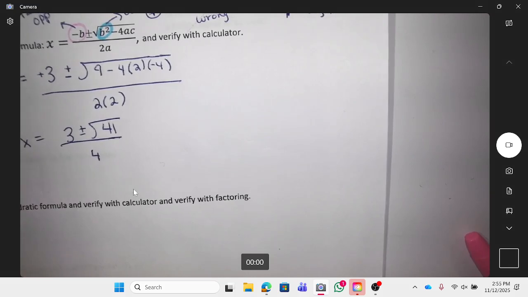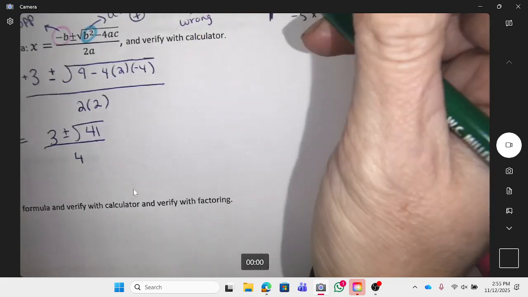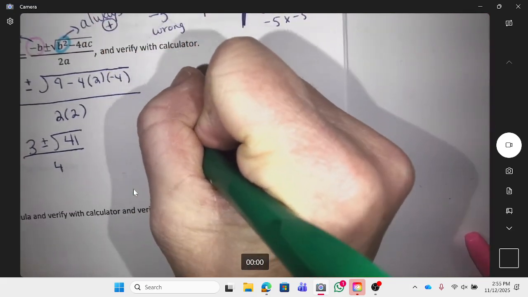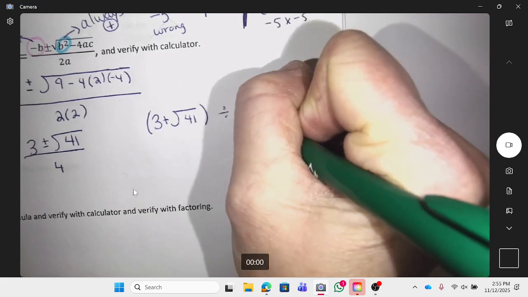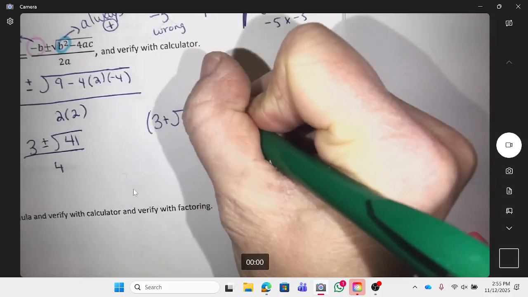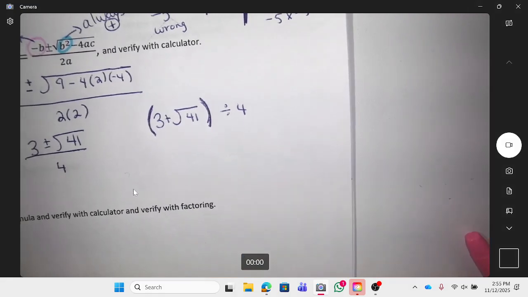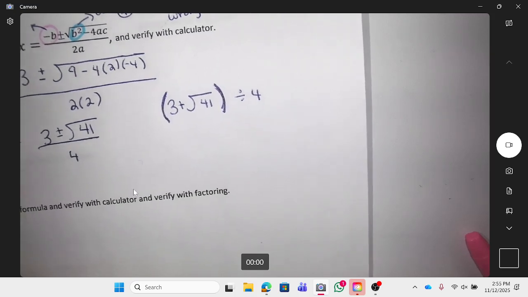Okay, so we're going to go to our calculator to get these numbers. So here we go. This is how I'm looking in my calculator. I'm going to go 3 plus the square root of 41 and then divide by 4. But I have to make sure there's brackets around that in a way that it's going to say all this top divided by 4. Okay, remember when we did cosine law?